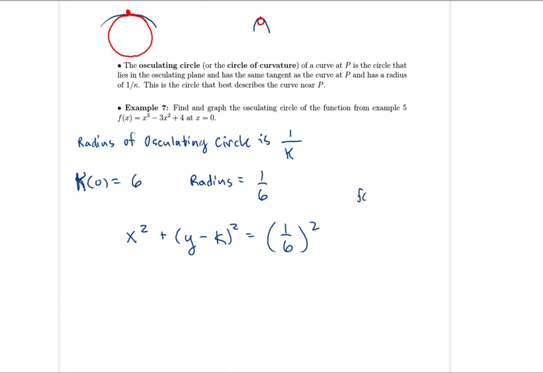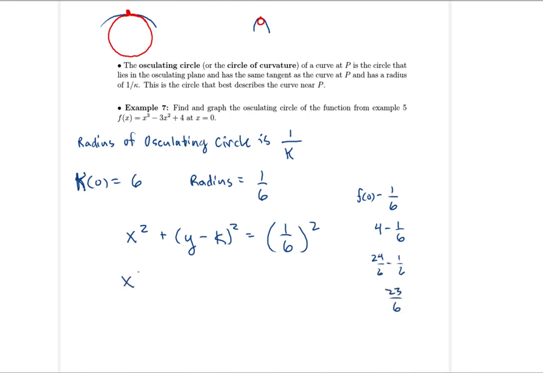But f of 0, so what is the y value of 0? Minus 1/6, right? Minus that radius. So f of 0 is of course 4, so we get 24 over 6 minus 1/6, so this is 23 over 6.